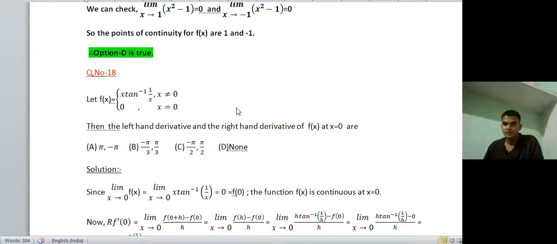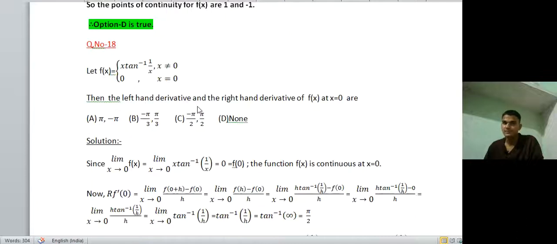The function is x tan inverse 1 by x when x is not equal to 0, and 0 when x is equal to 0.